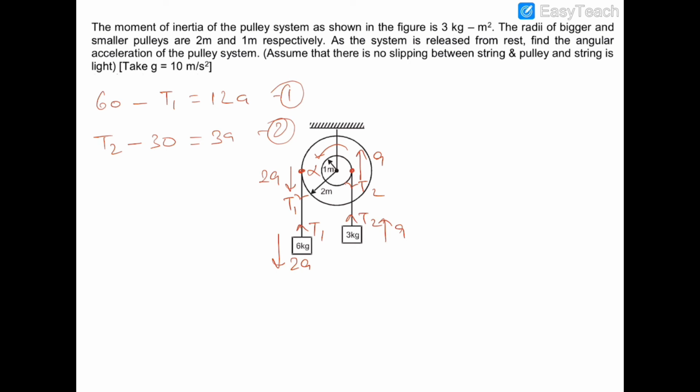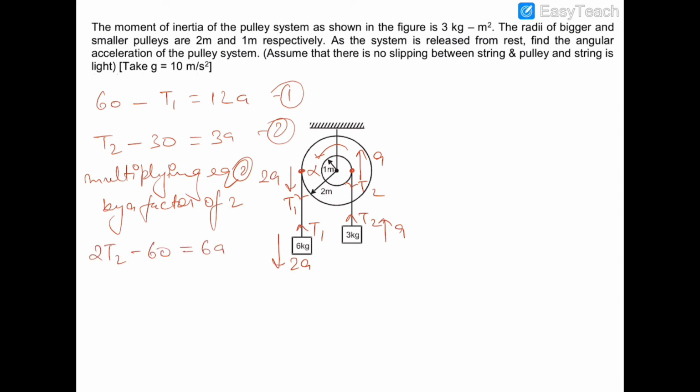Now we can multiply equation 2 by a factor of 2. So this is 2T2 minus 60 is equal to 6a.